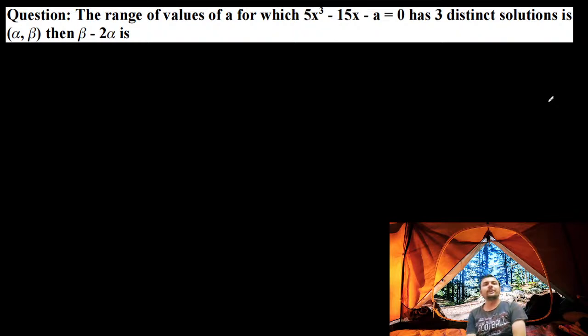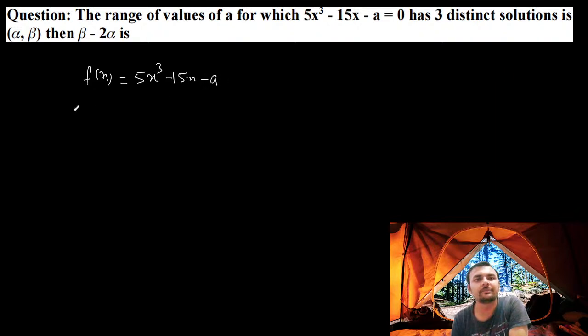The range of value of a for which 5x cube minus 15x minus a equal to 0 has three distinct solutions is alpha beta. So if we consider f(x) equal to 5x cube minus 15x minus a, f dash x is 15x square minus 15.